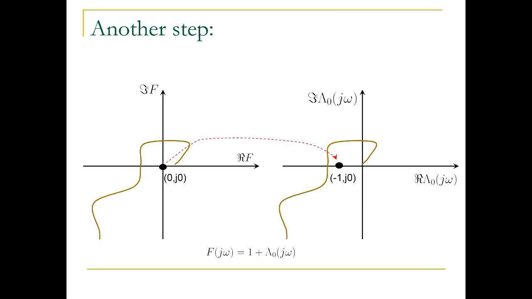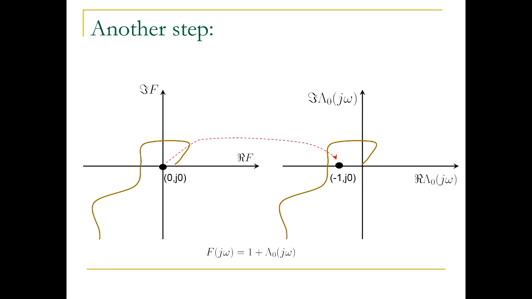Mathematically, you can find 1 plus lambda 0 easily, just add 1. But what you are really measuring is typically this lambda 0, this response. It's traditional. There are lots of other reasons why we would work with lambda 0, which I will show you later.